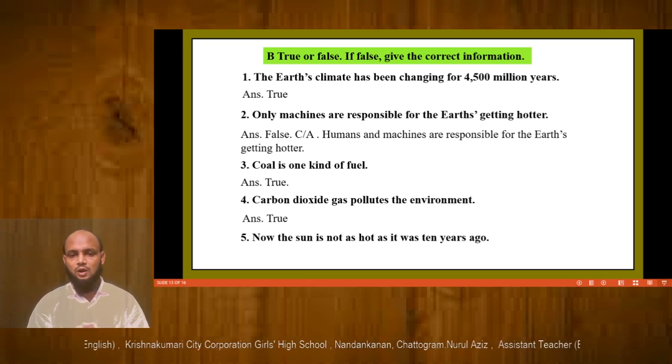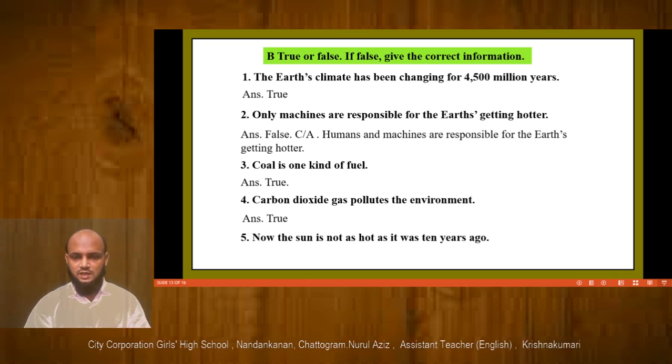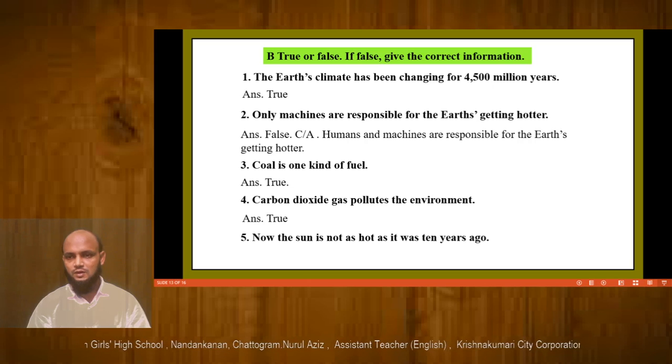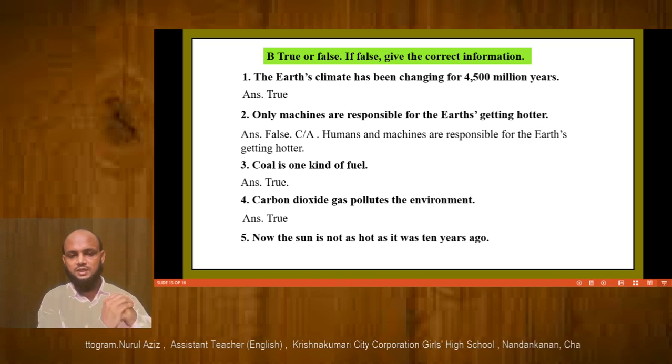Is this true or false? Is the sun hotter now, or 10 years back? Of course, now. Now the sun is hotter than 10 years back. So what should be the correct answer?